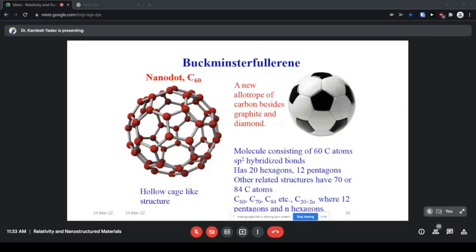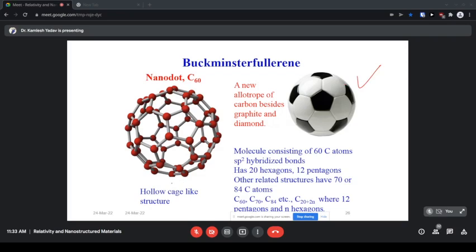Now let us consider Buckminsterfullerene, or you can say nano dot or quantum dot. Here, if you roll graphene in such a way that you obtain this football-like structure, then this is known as fullerene, an allotrope of carbon.